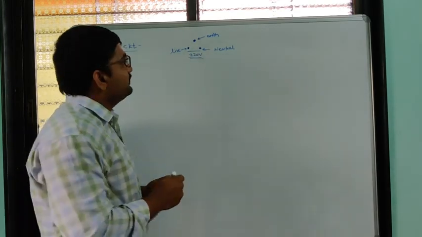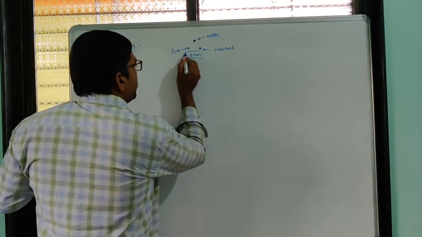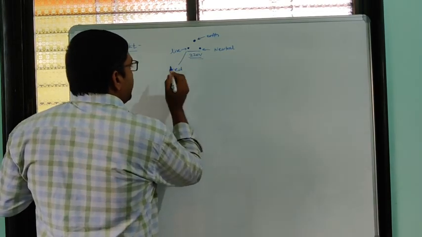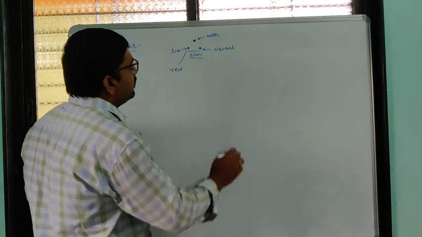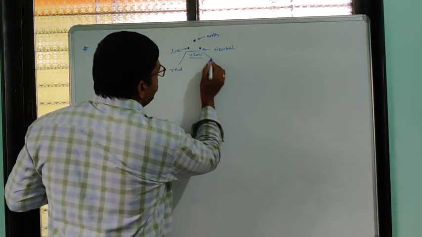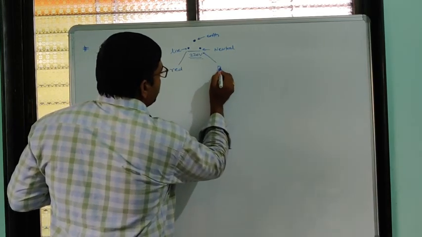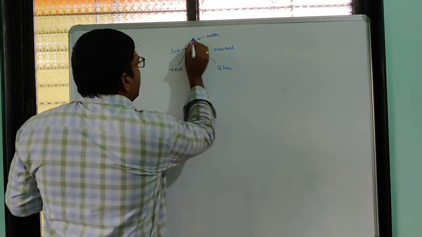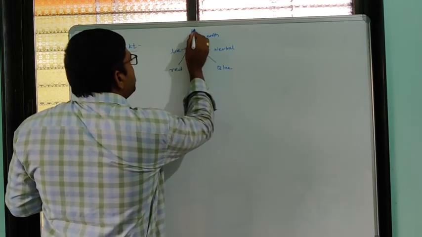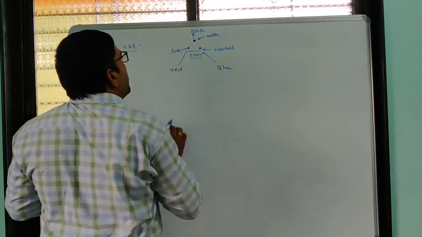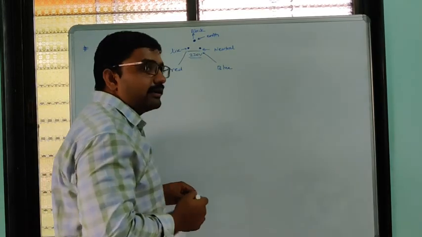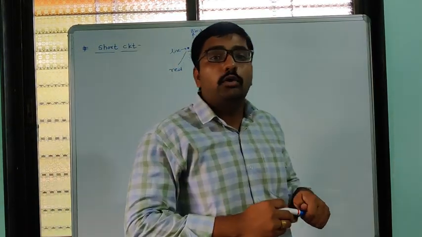Generally the live wire is red in color, the neutral wire is blue, and the earthing wire is generally black. These are the colors generally used for electricity in our home.